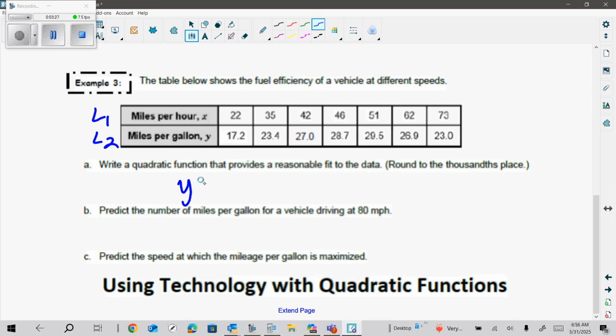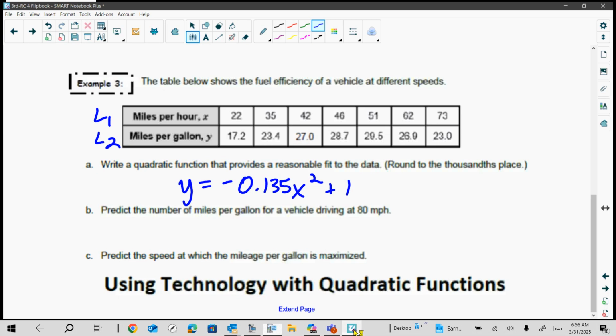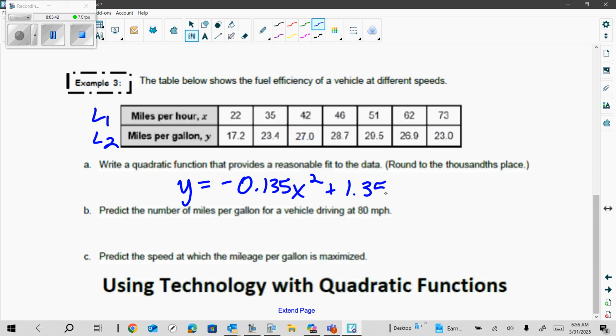So it's going to be y equals a negative 0.135x squared, then plus, make sure it was positive. Let me go back to my calculator. Yeah, my B was positive. Okay, sorry. 1.355x, and then minus 6.823.